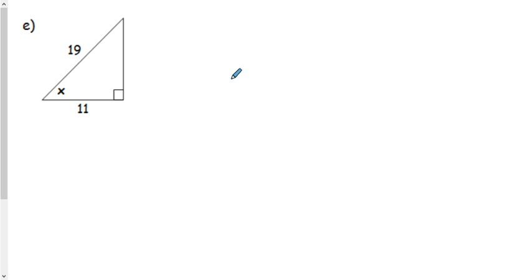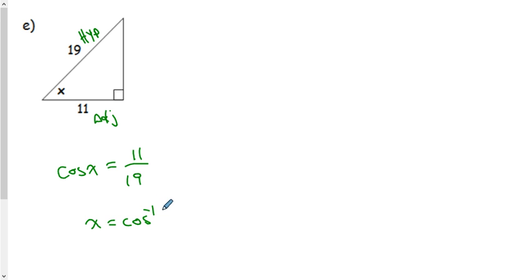My last one, E, you've had a look at this already. You're finding an angle. This is my adjacent side and this is my hypotenuse. So adjacent and hypotenuse, that's cosine. So cosine of my unknown angle is my adjacent side over my hypotenuse. So x is going to be the cosine inverse of 11 over 19.